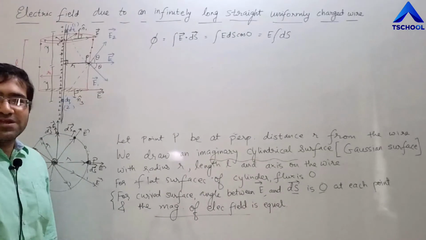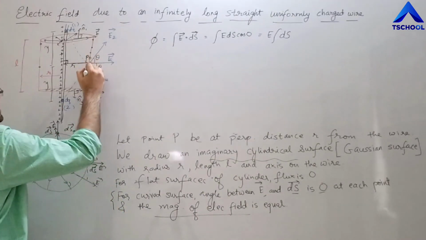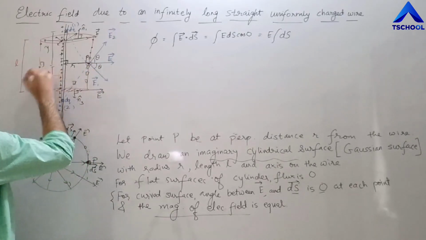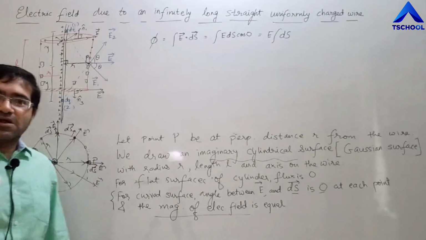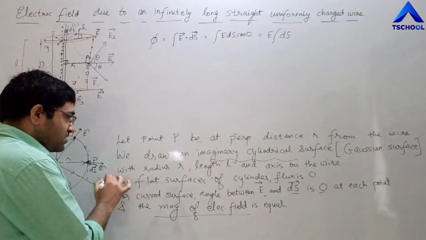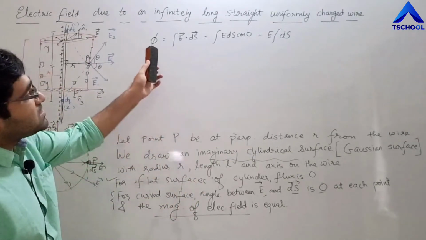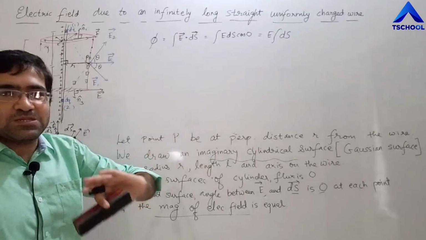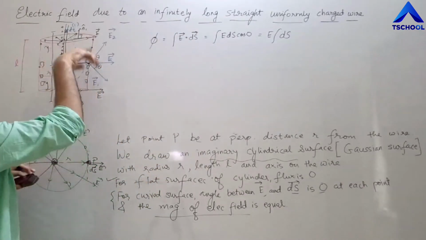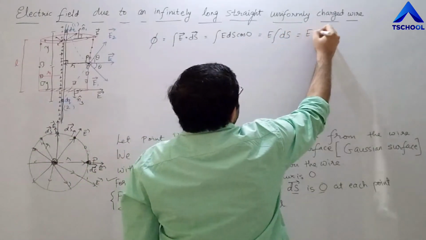Integration ds means the addition of all those small surface areas that you take on this curved surface. Mind well, on this curved surface, not on the flat surfaces. We are already done with the flat surfaces. Read this sentence. What this means is integration ds gives you the addition of the surface area for the curved surface. That is nothing but the surface area of the cylinder.